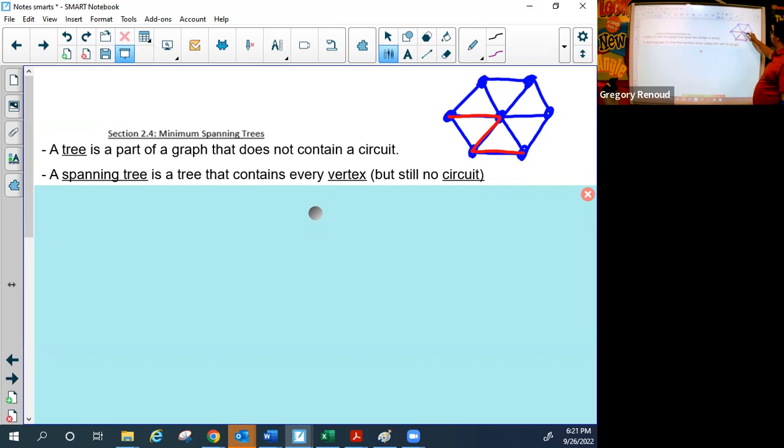A spanning tree might look something like this. Same idea. Notice all the edges that I picked all come together to be one piece, but there's no circuits involved here. We never have a closed loop, but I do hit all of the vertices.